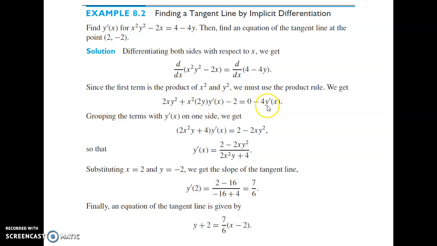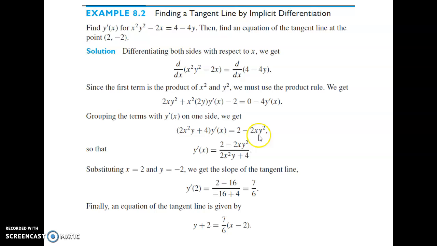Then this minus 4 y prime x I bring on the left, and this term I will bring on the right, because what I will be doing is I am collecting on one side the term containing y prime x, and on the other without that. So this and this on the left, and this on the right.